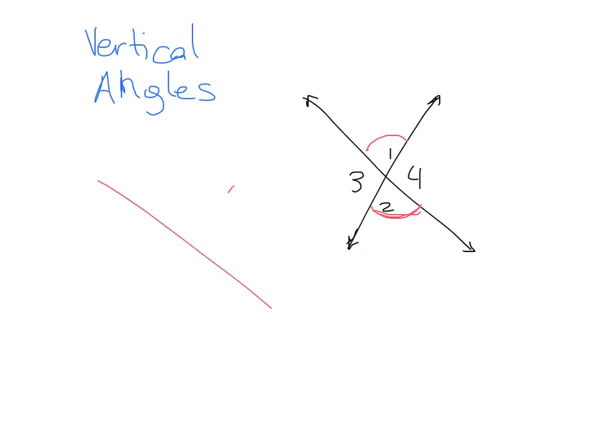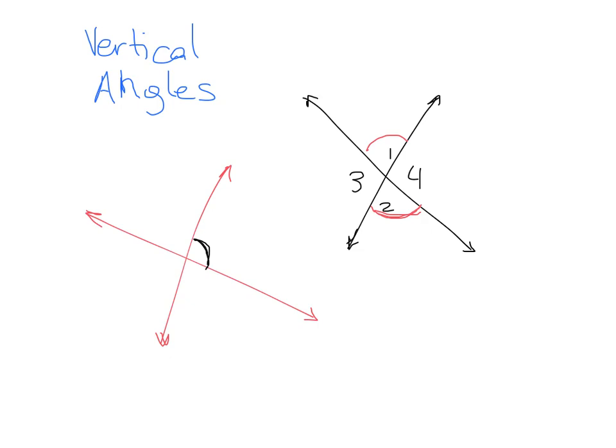So as long as you have two intersecting lines, and you want to pick out vertical angles, then if that is one of your angles, the other angle cannot be next to it.